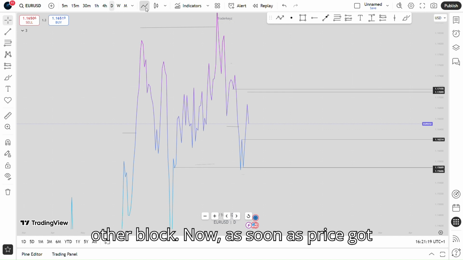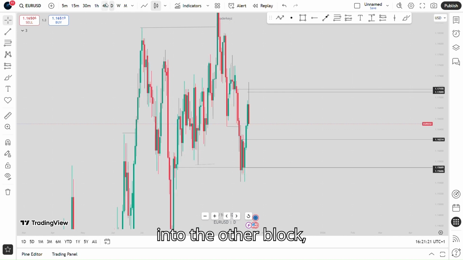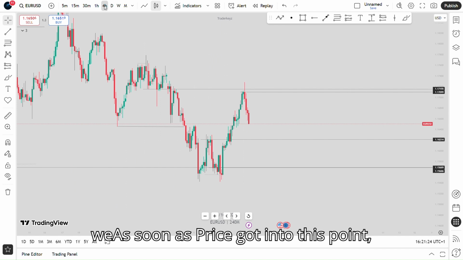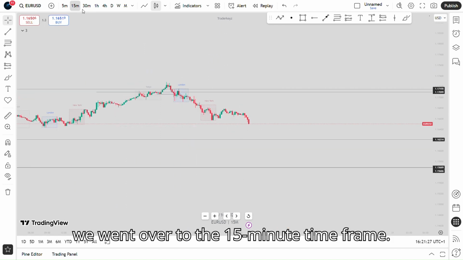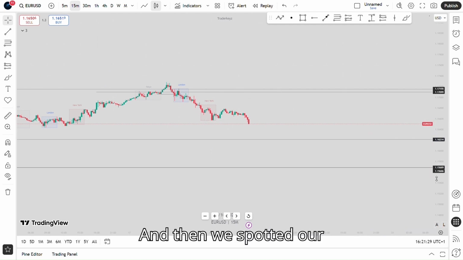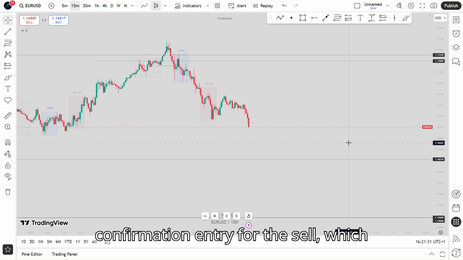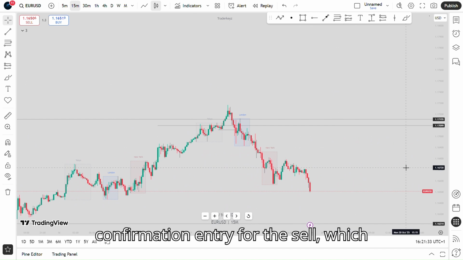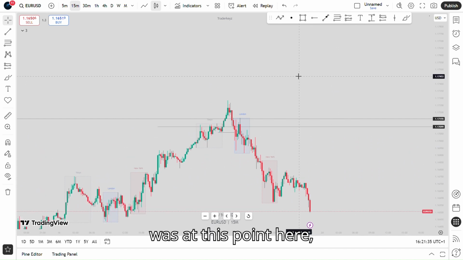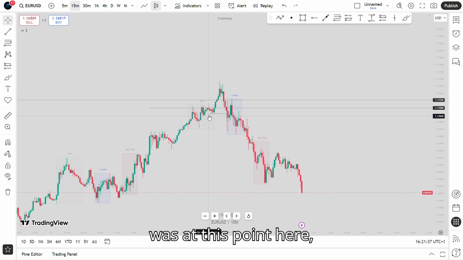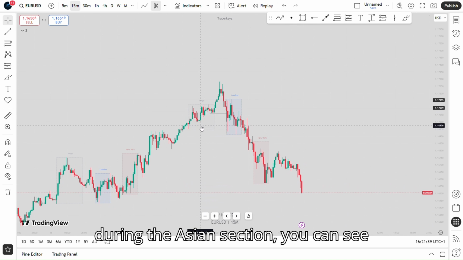Now as soon as price got into the order block, we went over to the 15-minute time frame, and then we spotted our confirmation entry for the sell, which was at this point here during the Asian session.